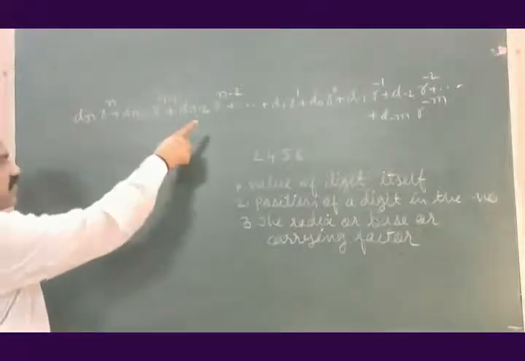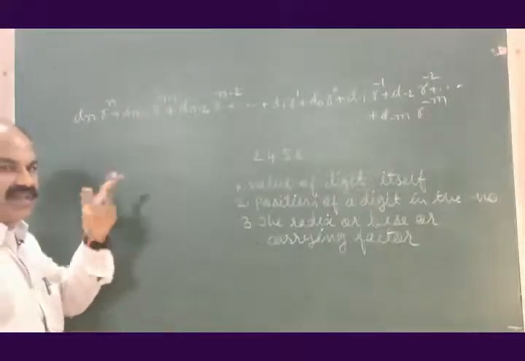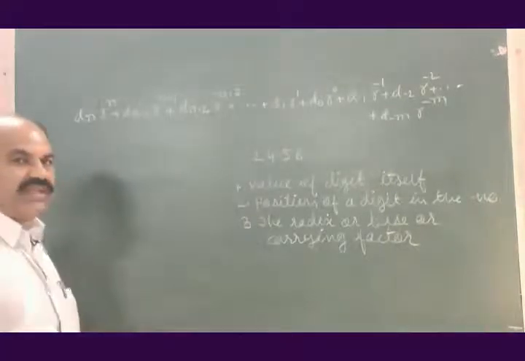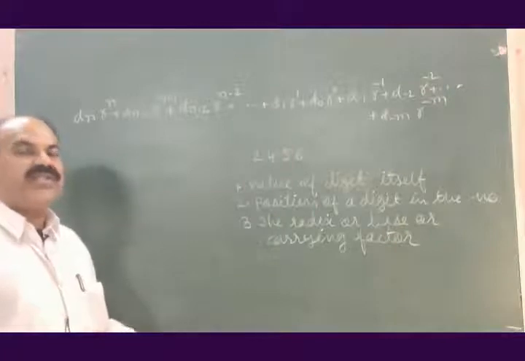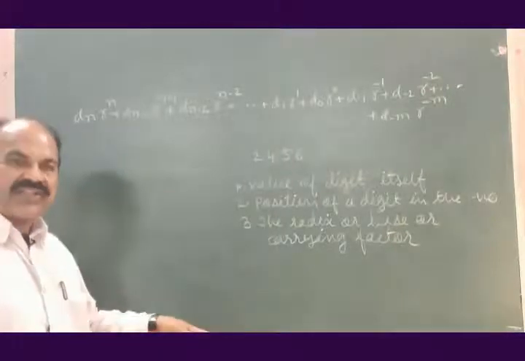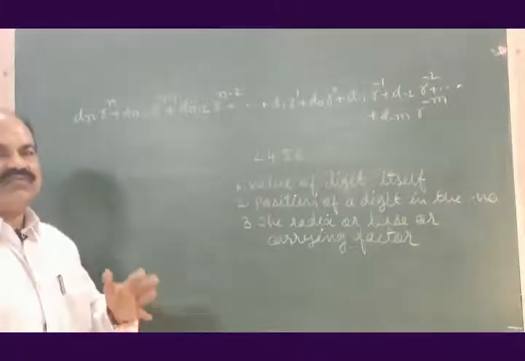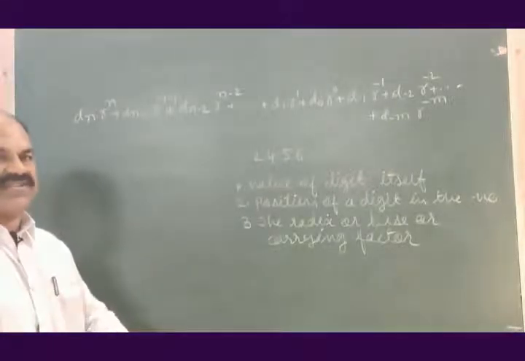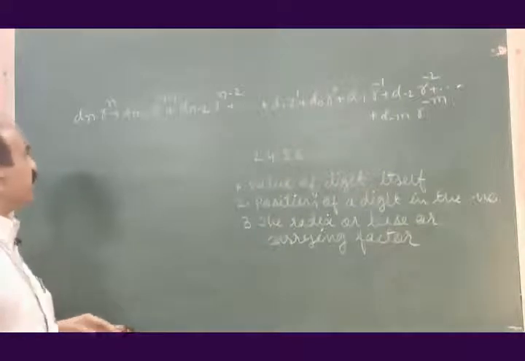All these D's correspond to digits in the decimal number system. These R's correspond to the radix or base or carrying factor of the decimal number system, which is equal to 10, as the decimal number system has 10 symbols.